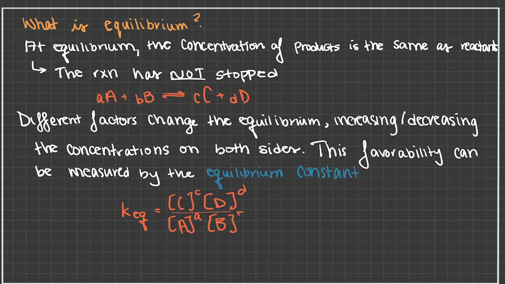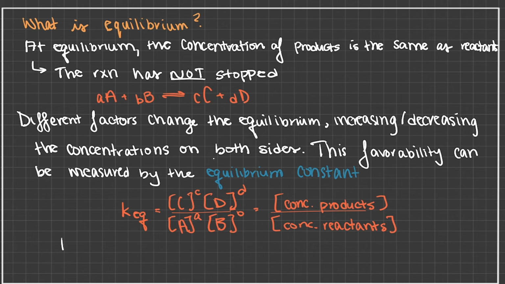To break down what we're multiplying, you see the regular primary number in front, which is the number of molecules we have on each side. You're going to have the concentration of your reactant, and then the exponent is going to be the amount that you have. This is all related to rate, and if you want to check out our video about rate, you're more than welcome to do that.